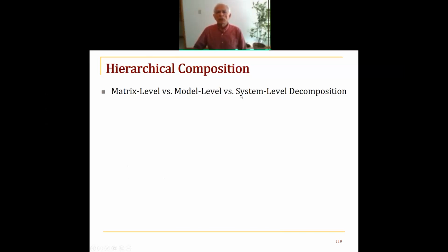System level decomposition is almost always available because we have subsystems that are given to us. But model level decomposition is also possible if you have a higher level model formalism such as stochastic reward net, then you can form the overall system monolithic model, but then you can decompose that stochastic reward net model.